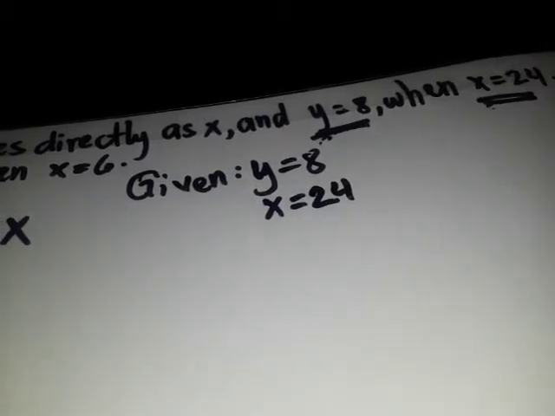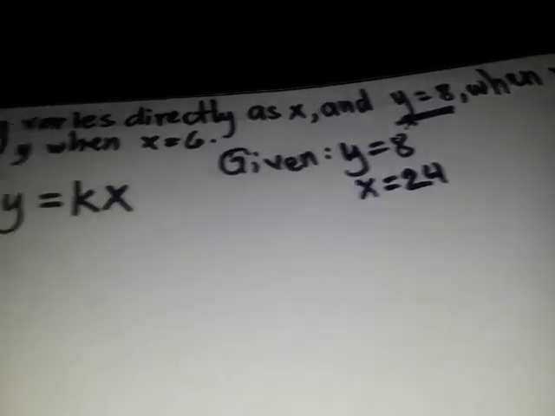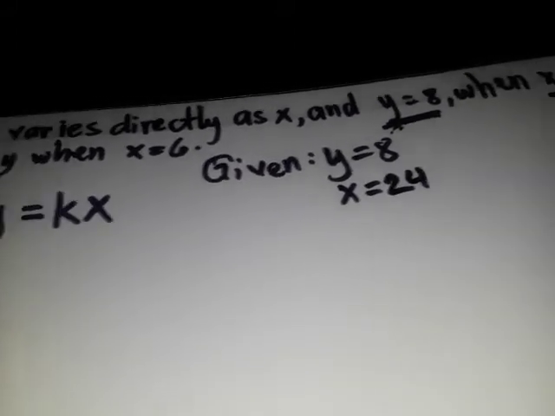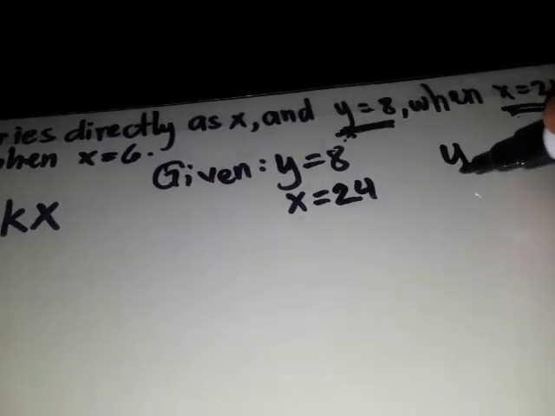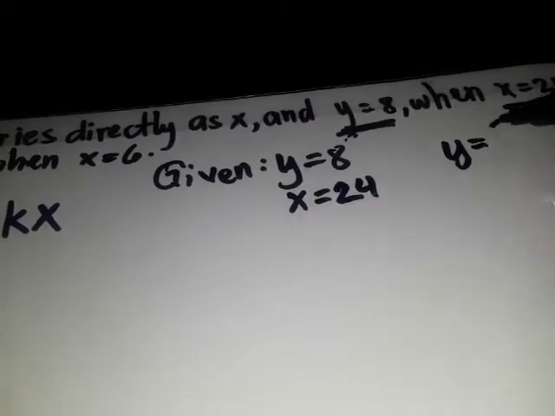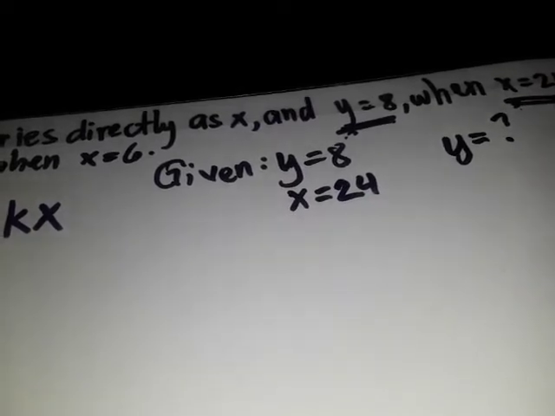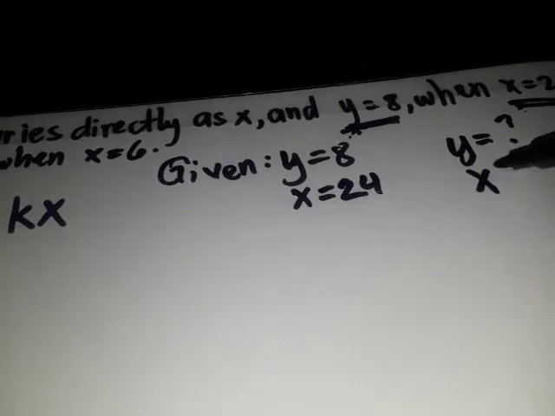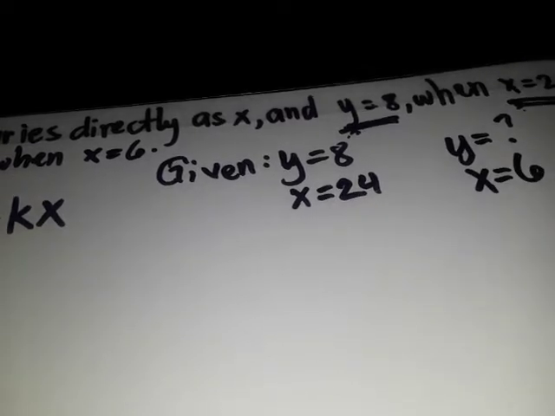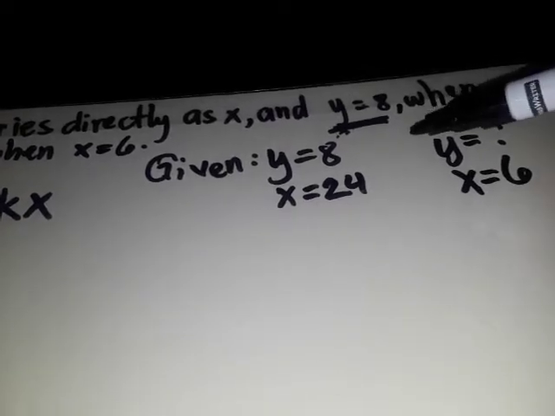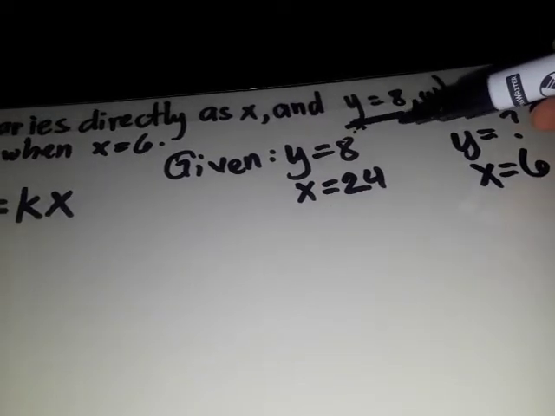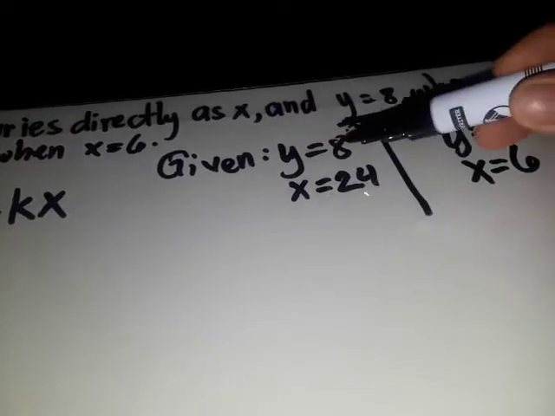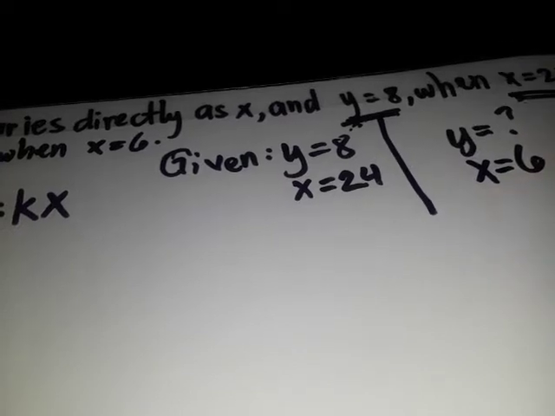Okay. Next, anong hinahanap natin? Y. Sulatin natin. Y is equal to question mark, kasi yun ang hinahanap natin. And then x is equal to 6. So in here, ang gagamitin muna natin para makuha natin si k ay ang unang dalawang given, yung y at saka x.